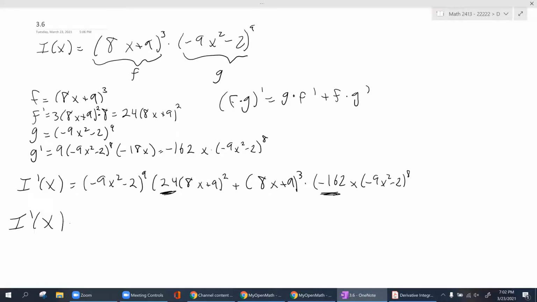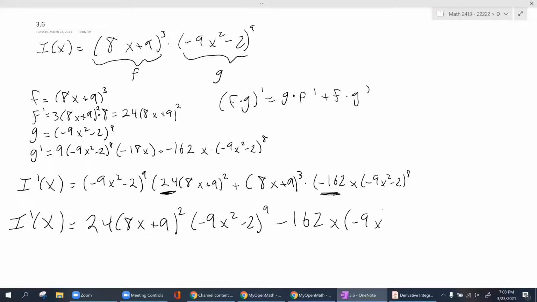Meaning my derivative is 24 times 8x plus 9 squared times negative 9x squared minus 2 to the 9th, minus 162x times negative 9x squared minus 2 to the 8th times 8x plus 9 cubed. I would say, hey, this right here is my final answer.